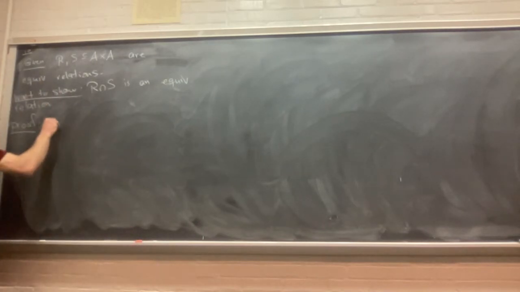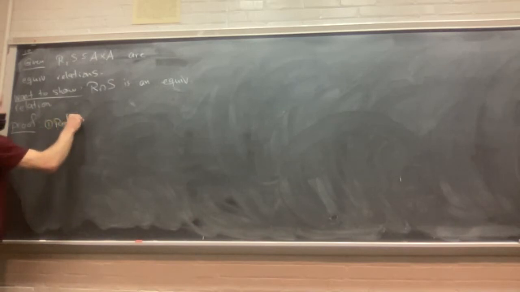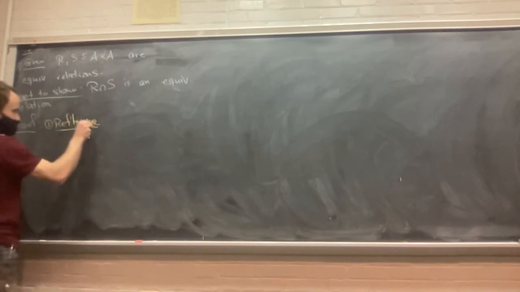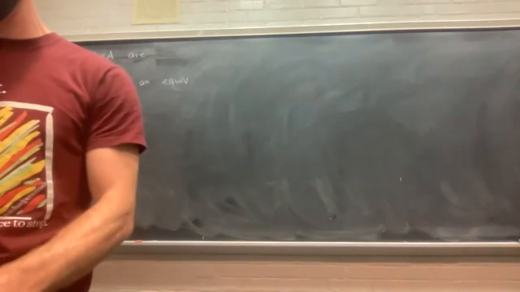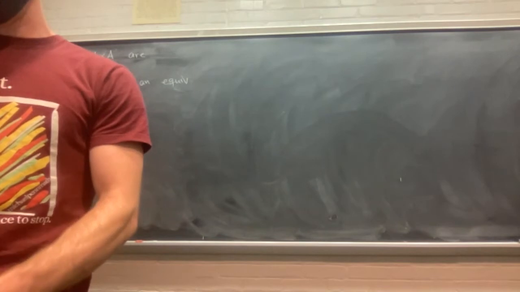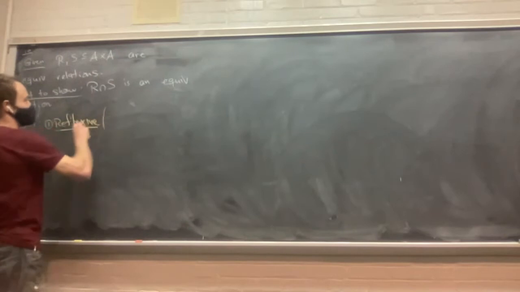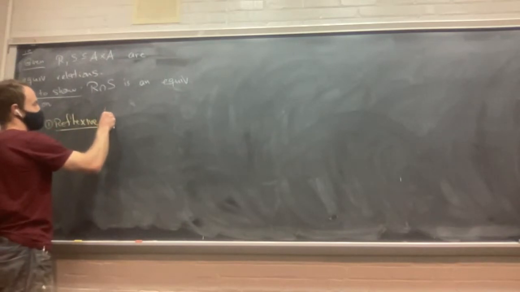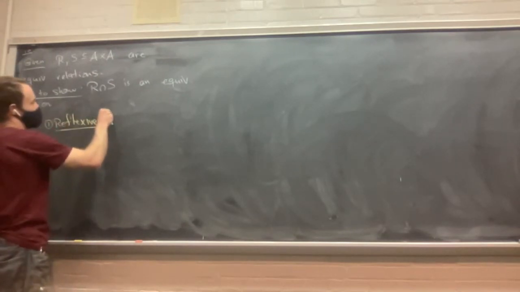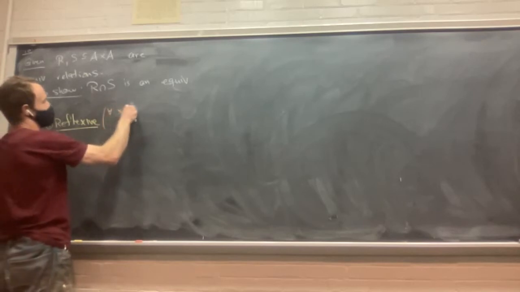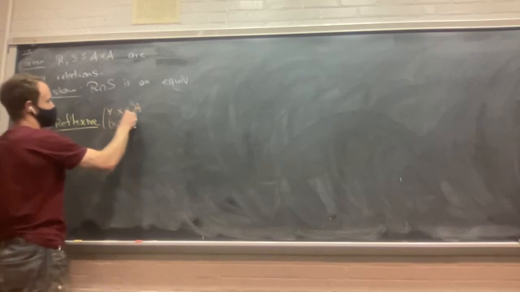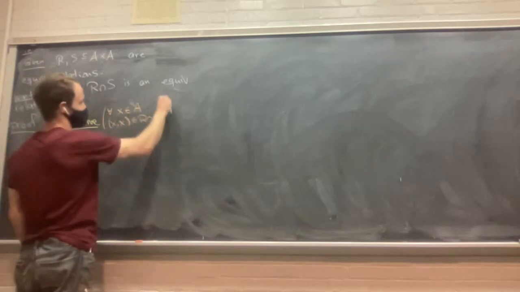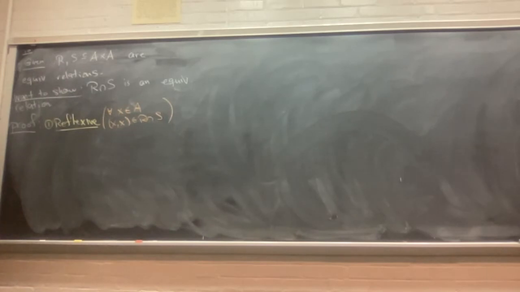So first, reflexive. Maybe let's outline in a different color what we want to show, and then we'll do the necessary steps to get there. We want to show that for all x in A, (x, x) is in R intersect S, right?